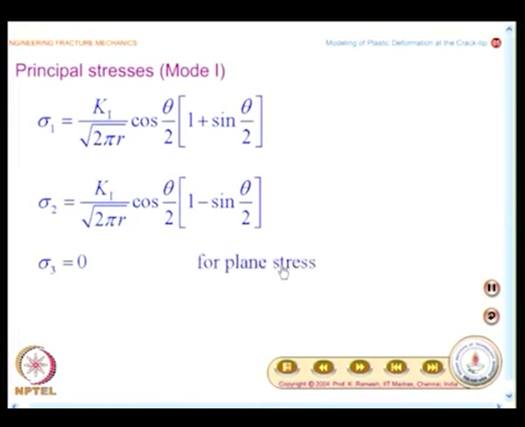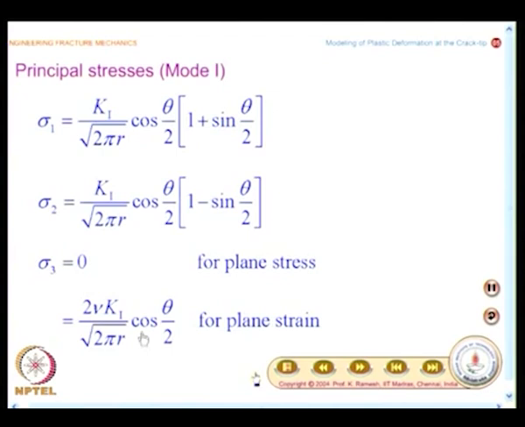In the case of plane strain situation, which is seen in thick plates, I have sigma 3 given as 2 nu K1 divided by root of 2 pi r cos theta by 2. When theta equals 0, you can find out that when nu equals 0.5, it will be the same as your sigma 1, sigma 2 that you have here.